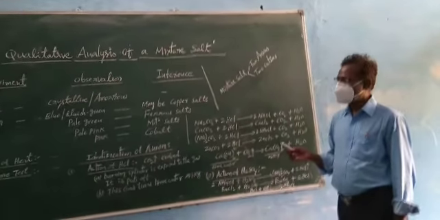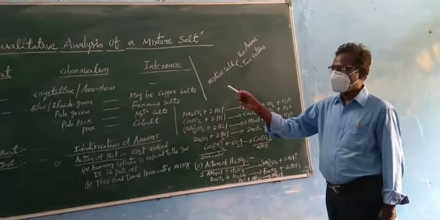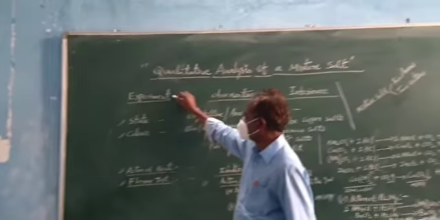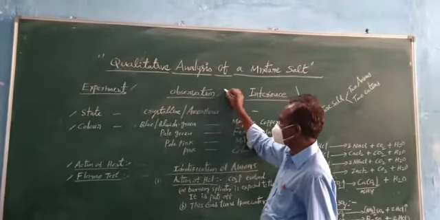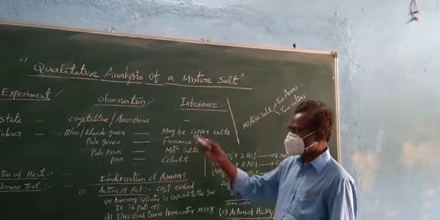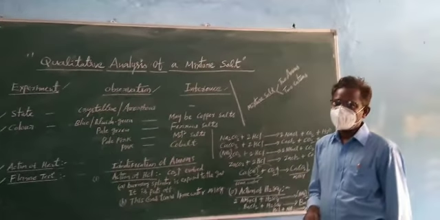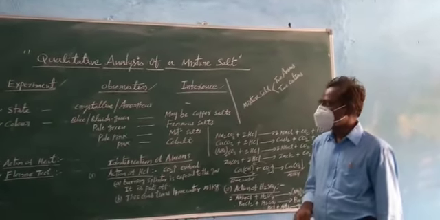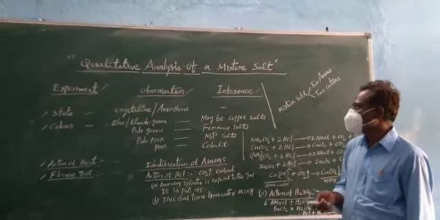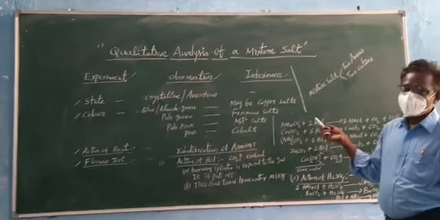So we have divided it into 3 parts here: experiment column, observation column, then inference. Under the experiment column, you do the experiment and note the reagents we have to add. Then you note the observations, and based on the observations we identify which main ion is present.